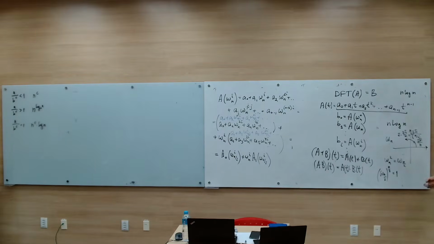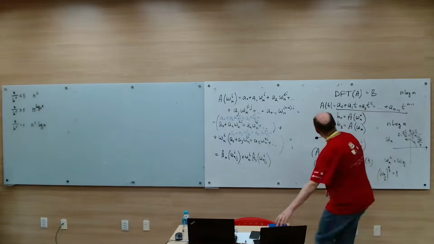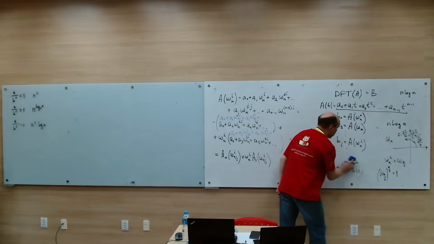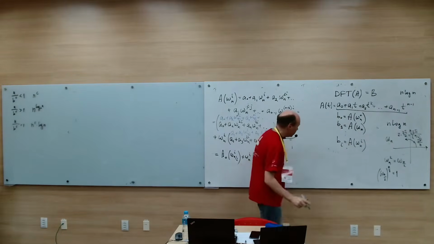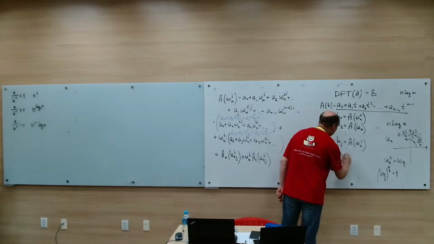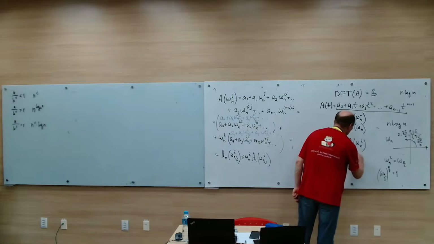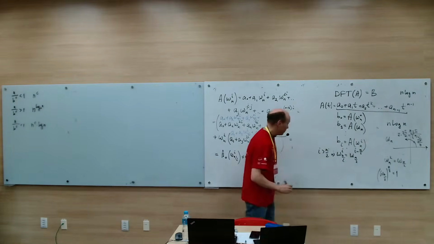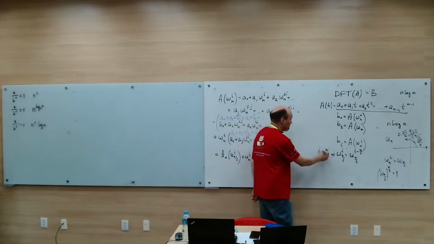So if I is greater than n divided by 2, then omega n divided by 2 to the power of I is omega n divided by 2 to the power of I minus n divided by 2.